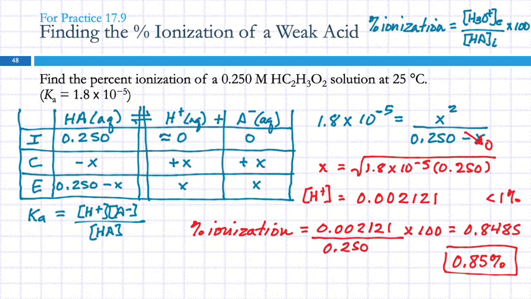Any questions? So only 0.85% of acetic acid ionizes.